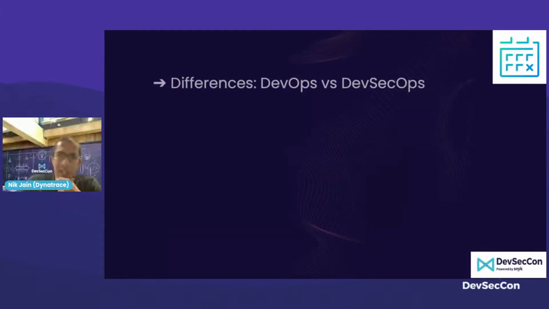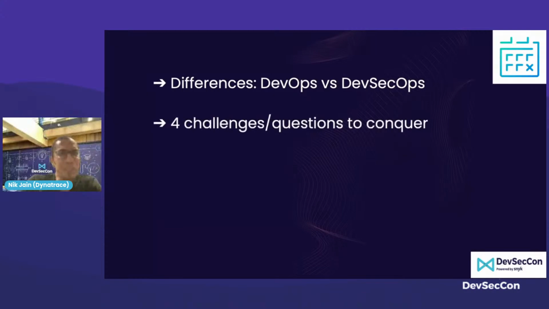I'll straight away run into the agenda. So the agenda is pretty straightforward. We'll firstly together review the core differences between DevOps and DevSecOps. We'll then begin this conquest by asking some key challenges, which typically throw a curveball at the developers and the security teams in today's time.